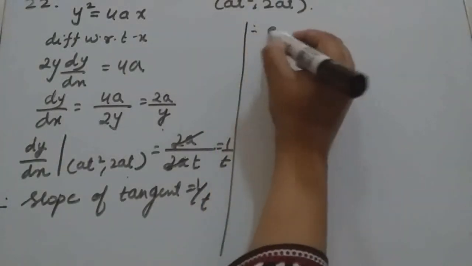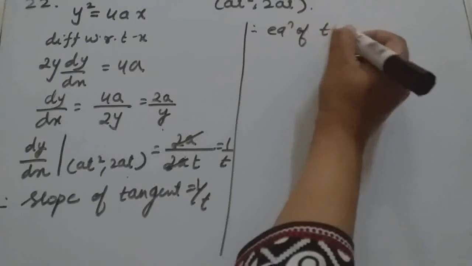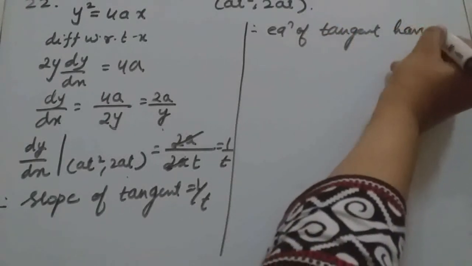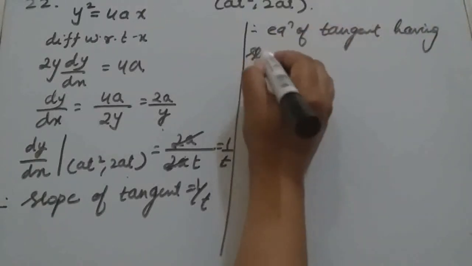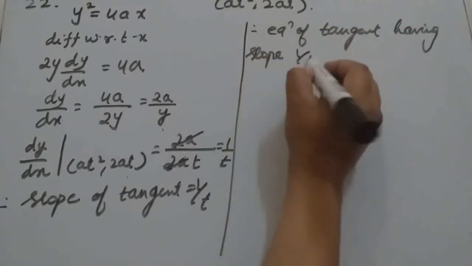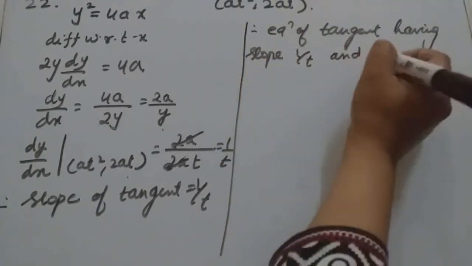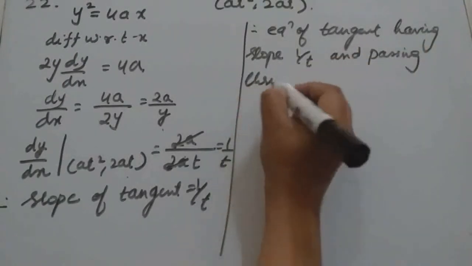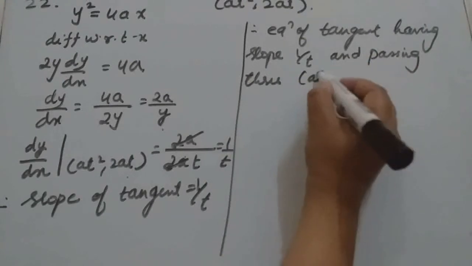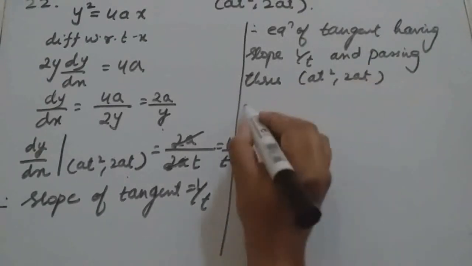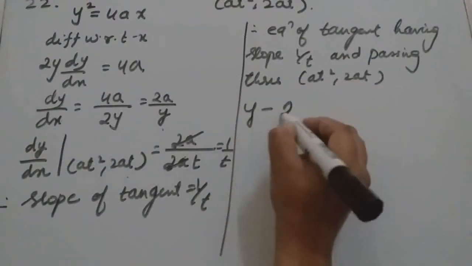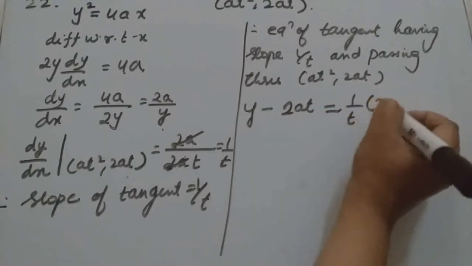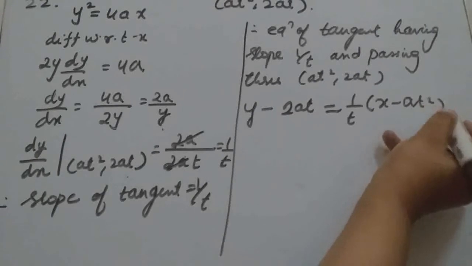So the equation of tangent having slope 1 by t and passing through this point at square comma 2at is y minus y1 means 2at equals slope into x minus x1 means at square.